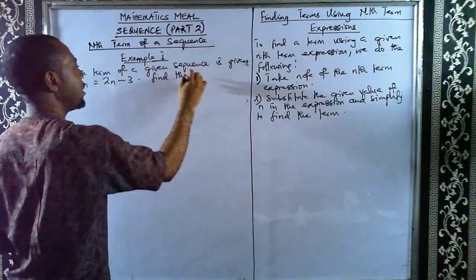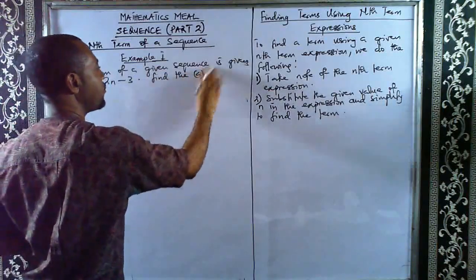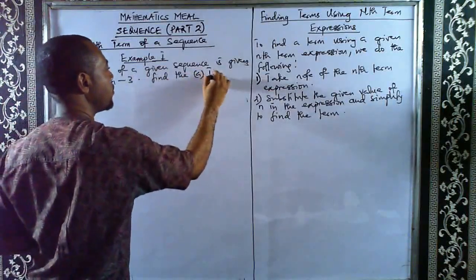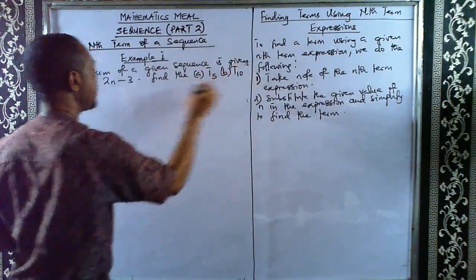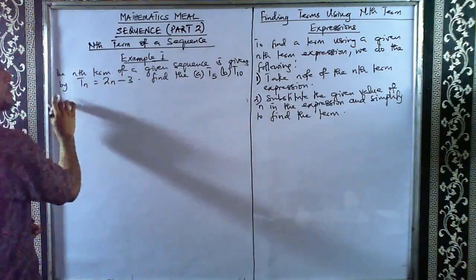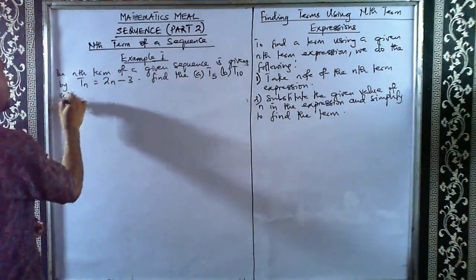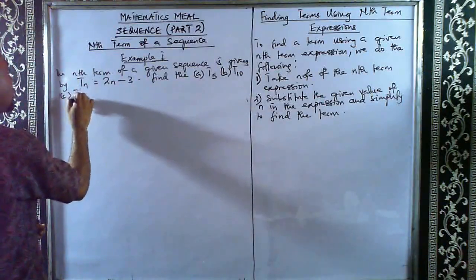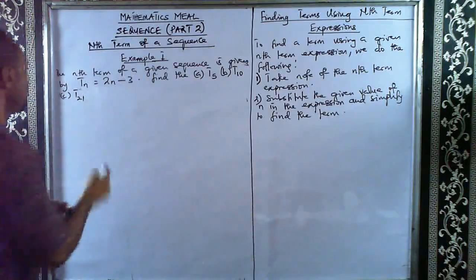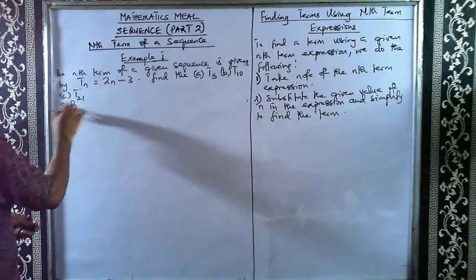Find A, the fifth term, B, the 10th term, and C, the 21st term, T21. Alright, so let's go together.